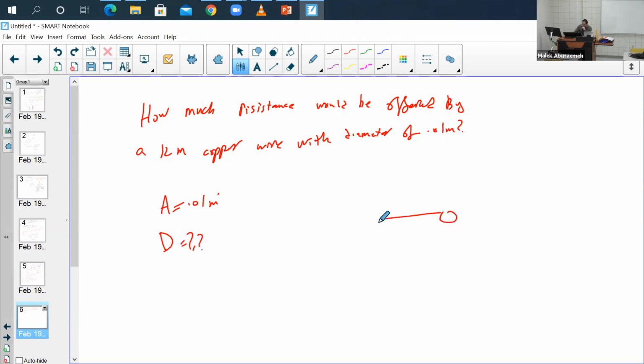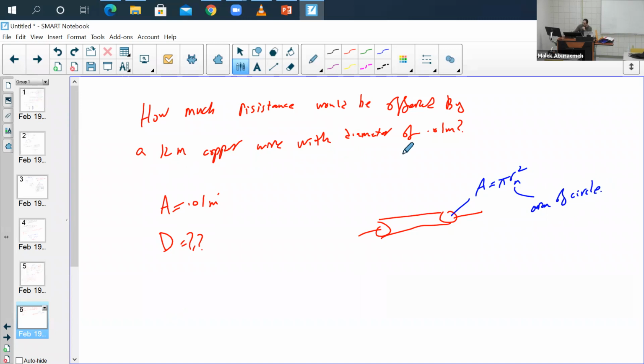So basically, this is our little resistor that we have. This is our cross-sectional area, which because it's a circle, you get pi r squared. You find r is the area of the circle.